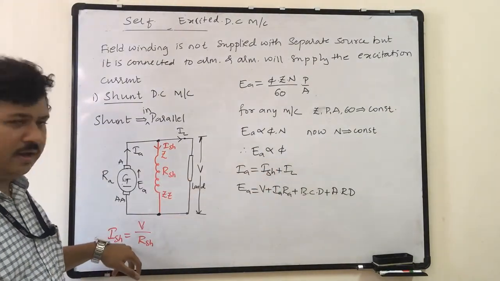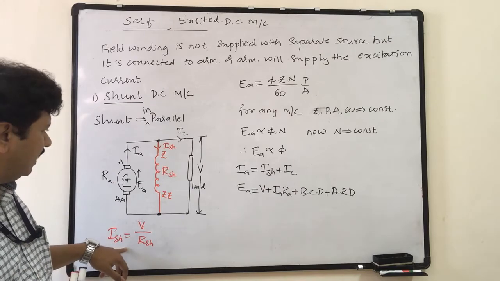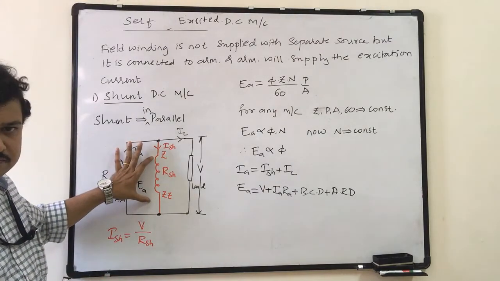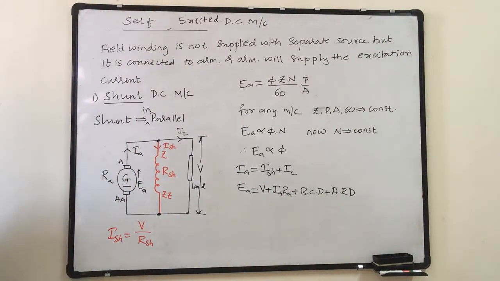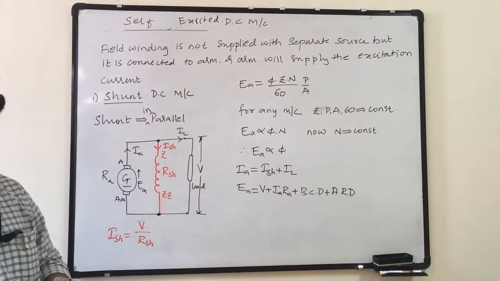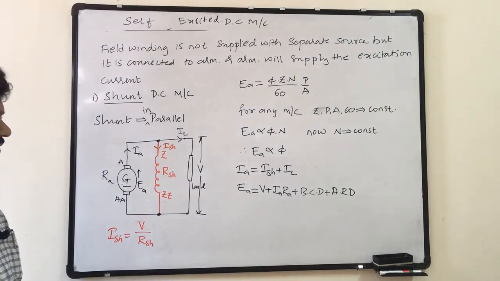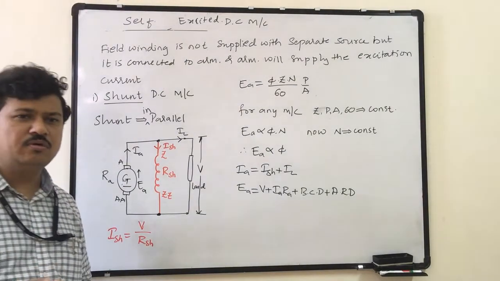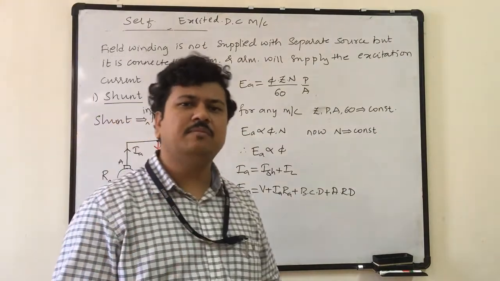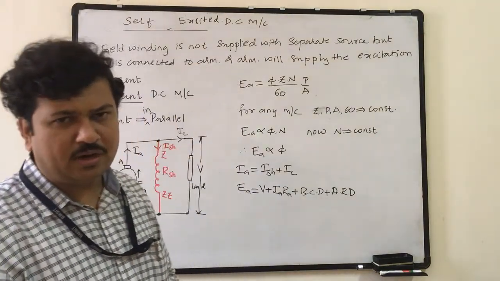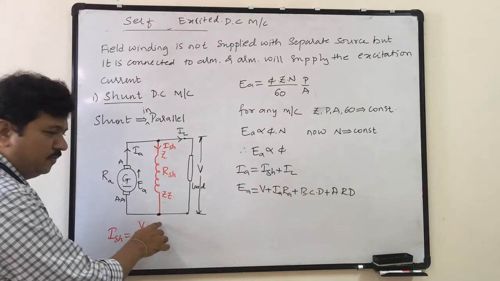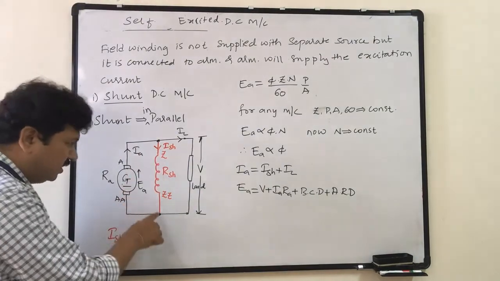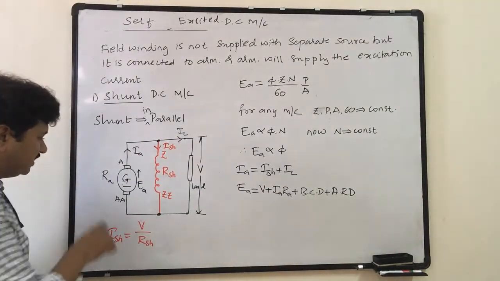The field current required to generate the flux is very small. In our machines, the shunt field current will not cross more than 1 to 1.5 amperes; in fact, it is less than 1 ampere.